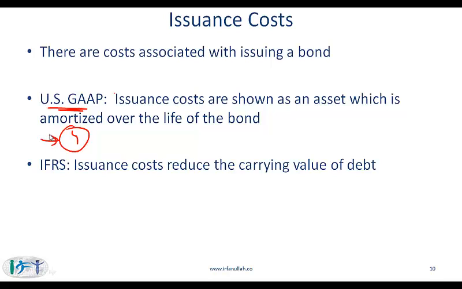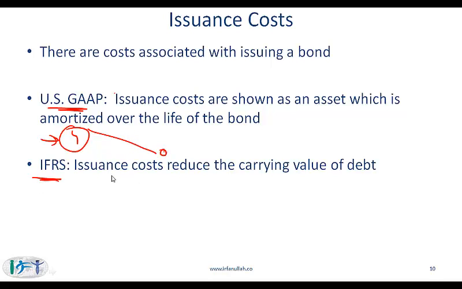It's money that is spent. So effectively, what is the company doing? It is capitalizing that cost. And then what do you think will happen to this cost? It is going to be amortized over the life of the bond. If the bond is a 3-year bond, then over 3 years, this 4 will be amortized down to 0.